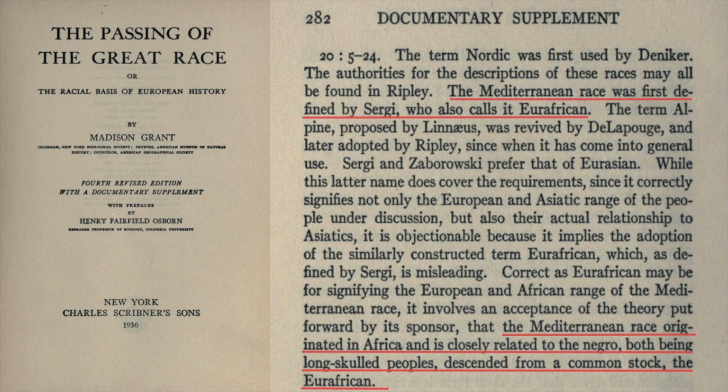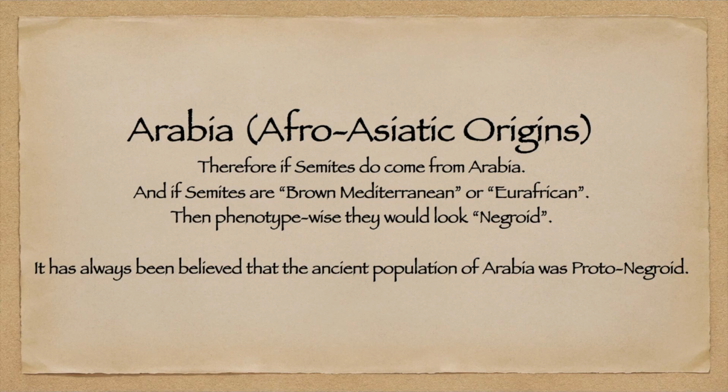The Mediterranean race originated in Africa and is closely related to the Negro, both being long-headed, long-skulled peoples descended from a common stock, the Euro-African. So, therefore, if Semites do come from Arabia, and if Semites are a brown Mediterranean, brown Euro-African people, then phenotypically, they would have looked Negroid.